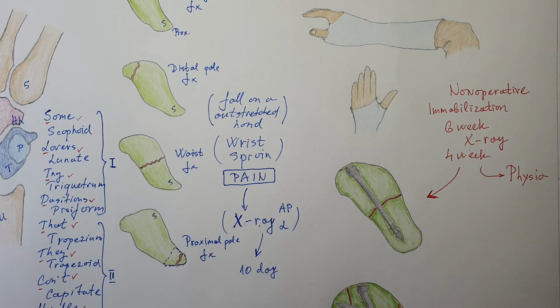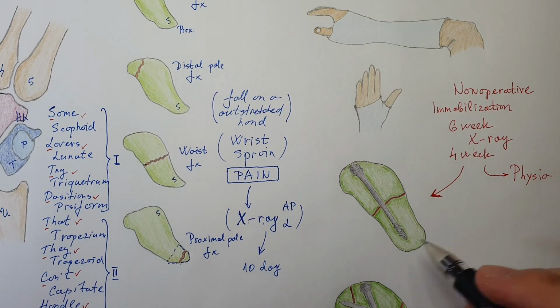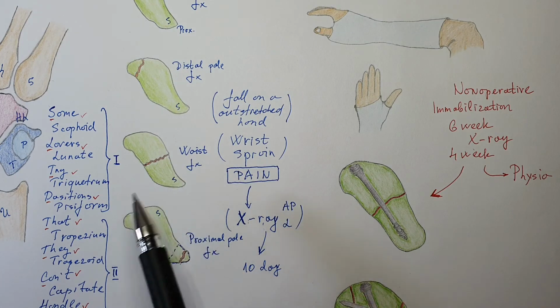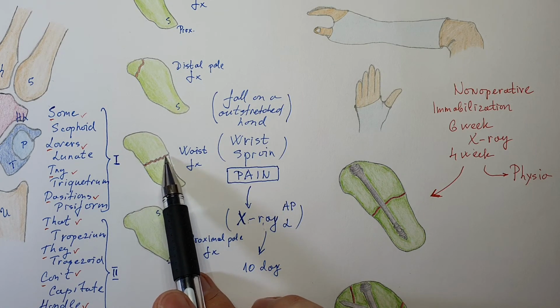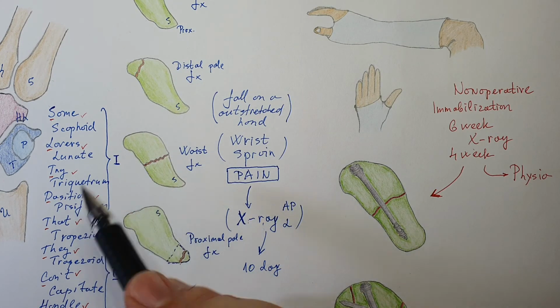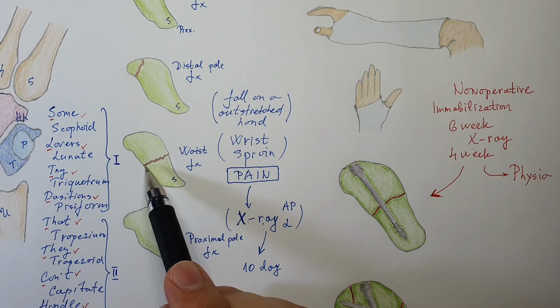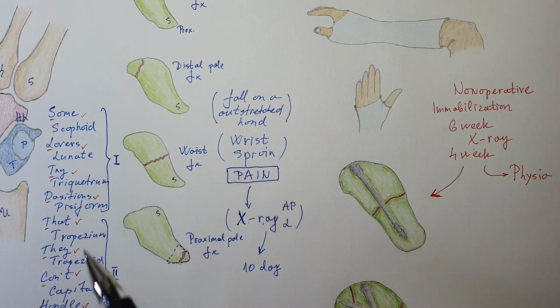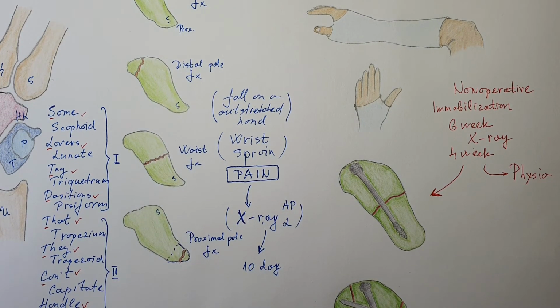So what fractures are actually operated at the first time? If you see a fracture like this, for example, at the waist, that has no dislocation, it is sitting like this, and the bone fragments are not moved apart, so this is not wider than 1 millimeter, then you will definitely treat it non-operatively.